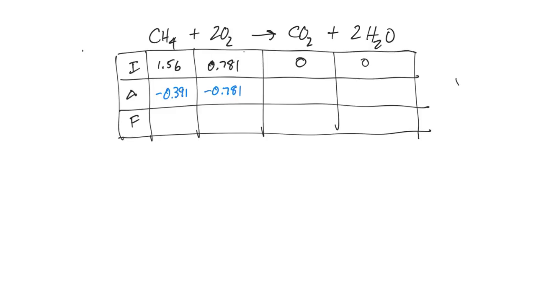Taking the quantities from the previous slide, notice that we determined that we only need 0.391 moles of methane to react all of our oxygen, because the oxygen will be used up. Notice that these two numbers, the 0.391 and 0.781, match the 2-to-1 mole ratio present up here. In other words, that makes sense to me visually, even without using my calculator.